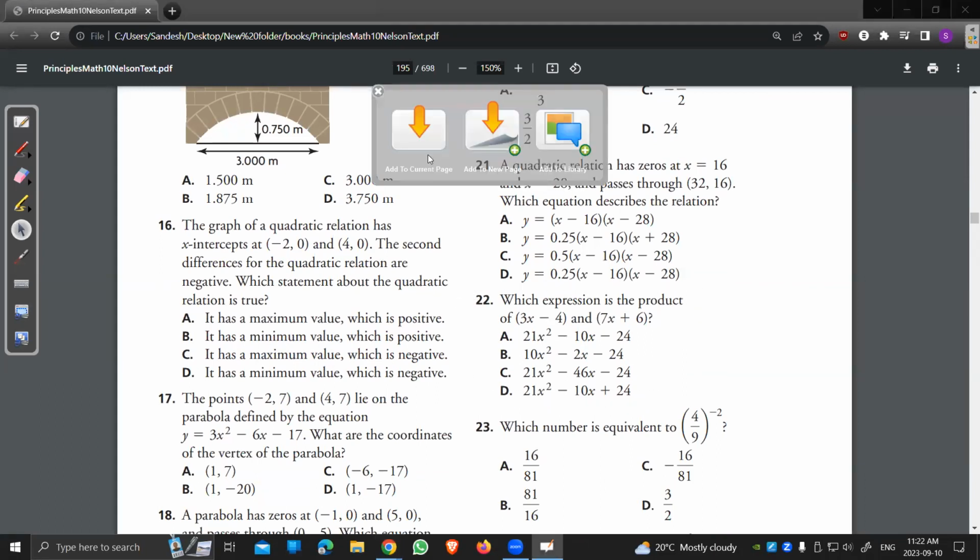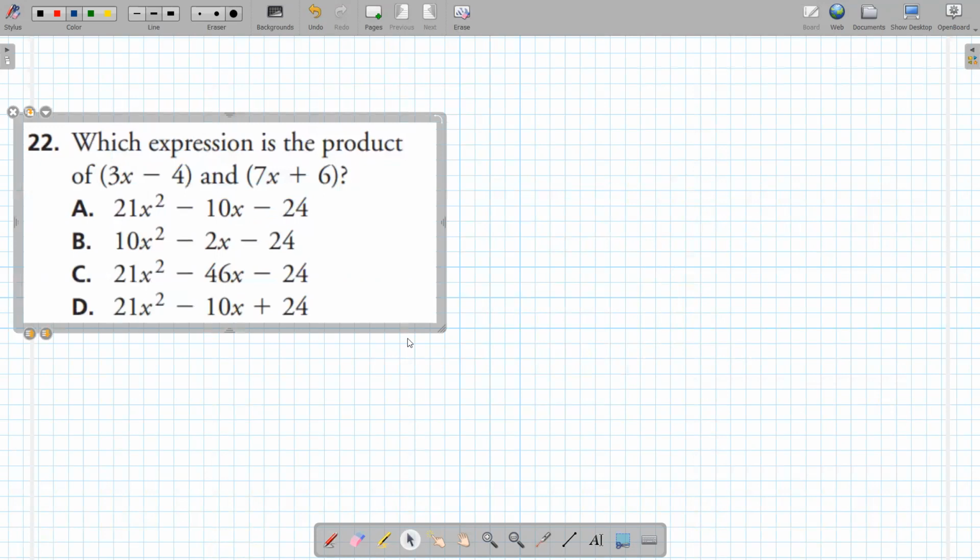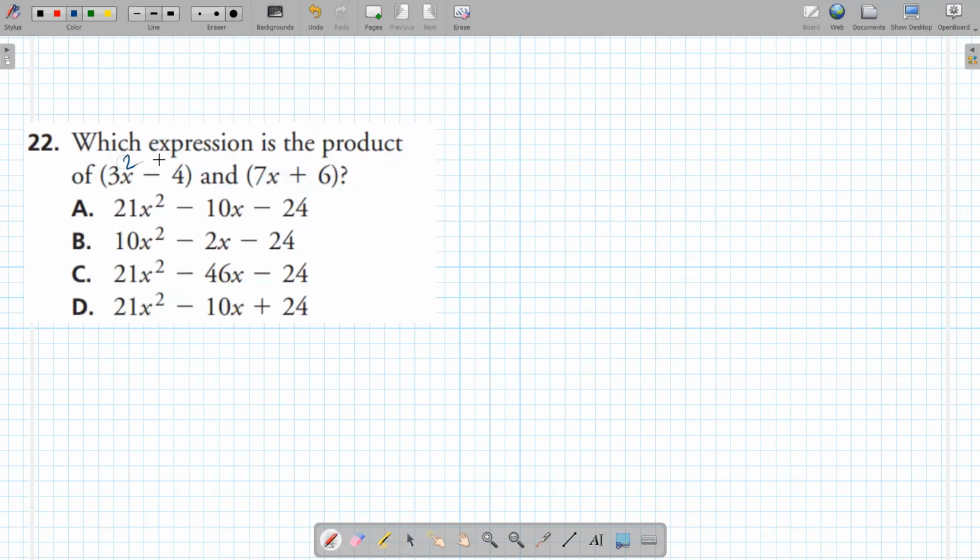Which expression is the product of these two terms? We have two terms here. When you multiply them, first step, you're going to get 4 terms. We're basically just going to FOIL this. It's not difficult. So first we go like this, 3x with 7x, 3x with 6, and then we go -4 with 7x, -4 with 6.